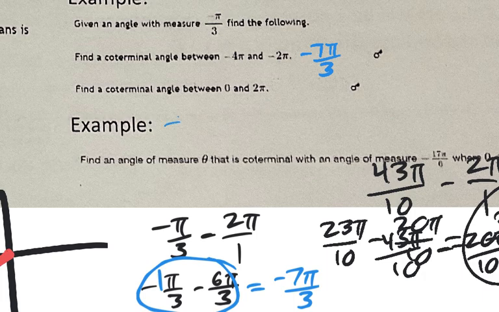I would need to add 2 pi, which would be adding 6 pi over 3. That's going to give me 5 pi over 3. Negative 1 plus 6. It's quadrant 4, right? All of them will be in quadrant 4, because they're coterminal. They all end in the same position.